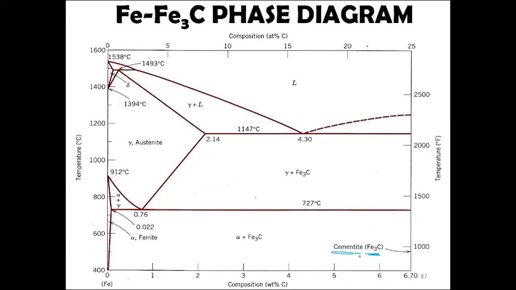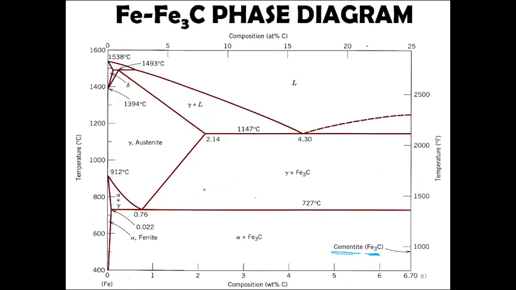The crystal structure for cementite is orthorhombic. Cementite is an intermetallic compound. It is because a fixed amount of carbon and a fixed amount of iron are needed to form cementite.